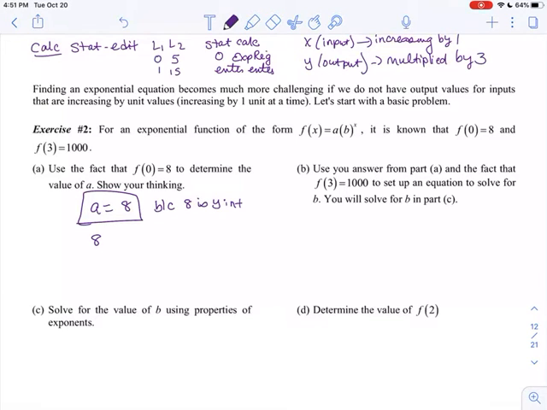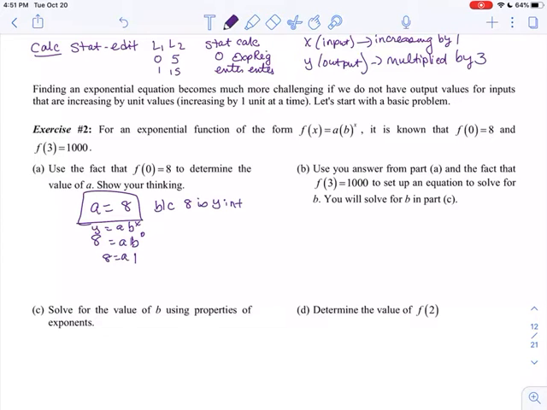I can do it out if you don't see what it is. Looking at my equation, y equals a b to the x, that's exponential.